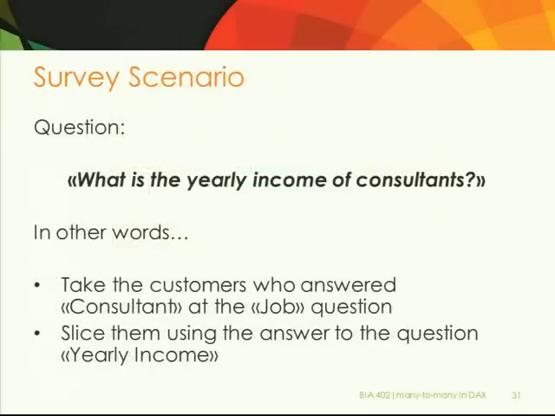The question we are going to pose to our system is, what is the yearly income of consultants? That translated in the survey data model means take all the customers who answered consultant to a job question, so you get a set of customers, and then slice this set of customers using the answer they gave to the question yearly income, that has different kinds of answers.